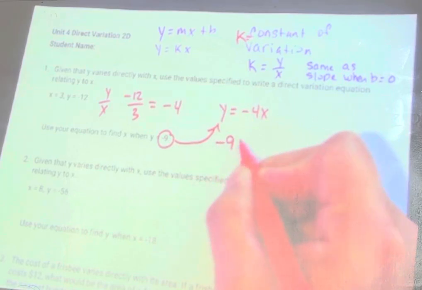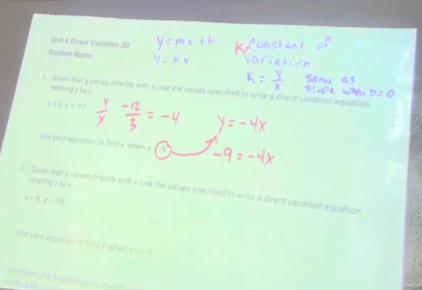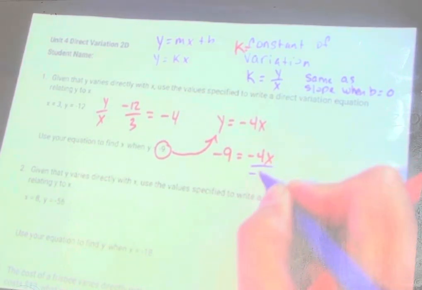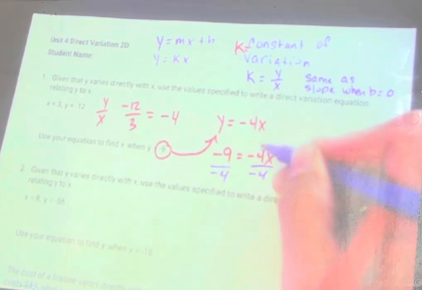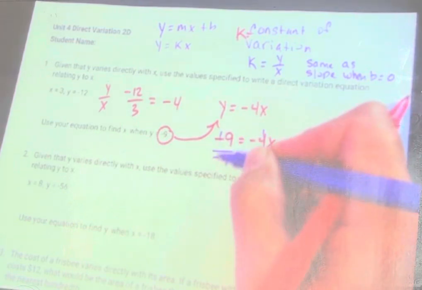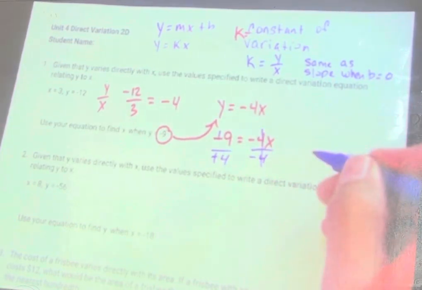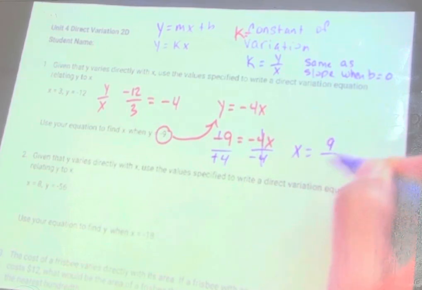So negative 9 equals negative 4x. Negative 4 times x, and the opposite of multiplication is division, so we're going to divide both sides by negative 4. Negative divided by negative is a positive, and is 9/4 reducible? No. So x equals 9 over 4.